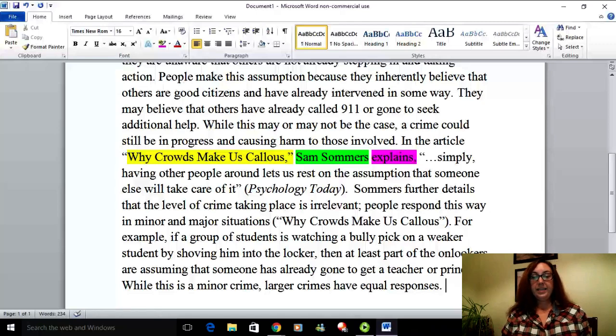So I added this statement. So I added an example and then I added a follow-up. It says, for example, if a group of students is watching a bully pick on a weaker student by shoving him into a locker, then at least part of the onlookers are assuming that someone has already gone to get a teacher or principal.